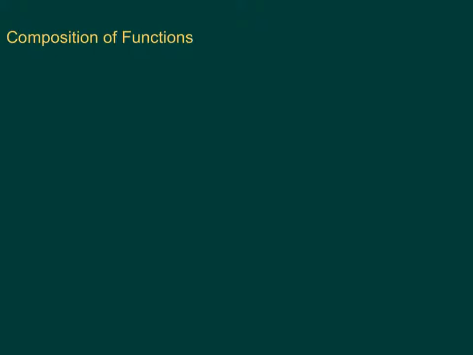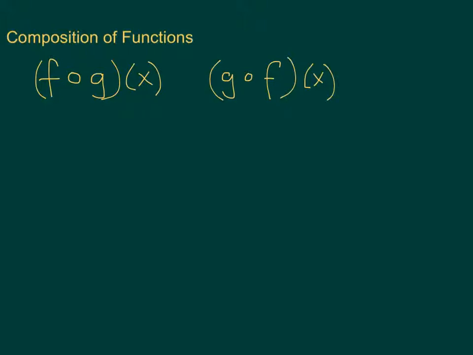So how do we know if we are working with composition of functions? Composition of functions involve these symbols. When you see, say, f, and then there's a circle, and then g, and then of x, or it can be the reverse, g circle f of x.